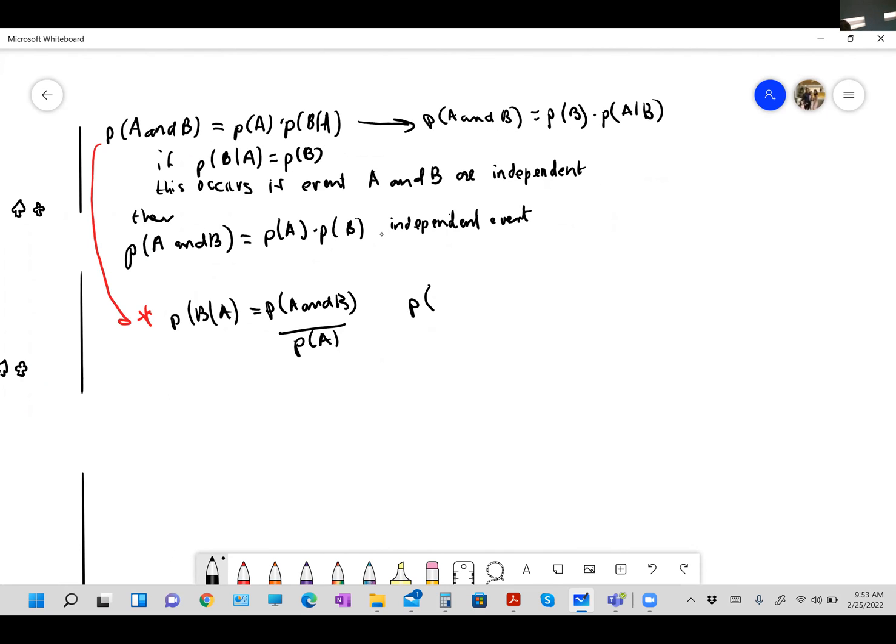So the probability of A given B is just the probability of A and B divided by the probability of B. And so, in theory, we should be ready to do some problems.